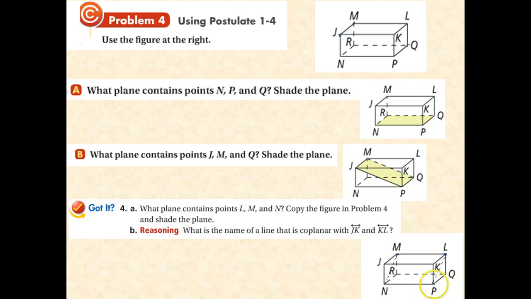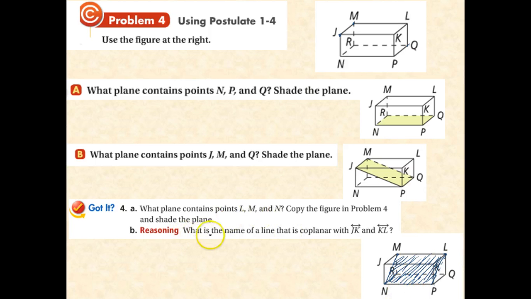It's also going to go through P, isn't it? And now I just need to shade that area. And it looks like there's that plane cutting through that box.